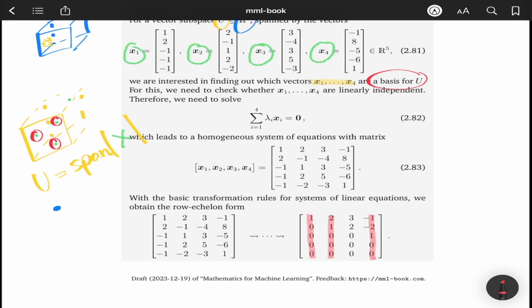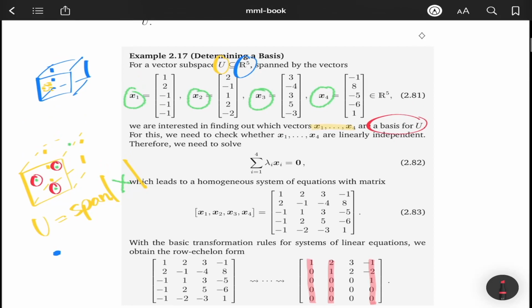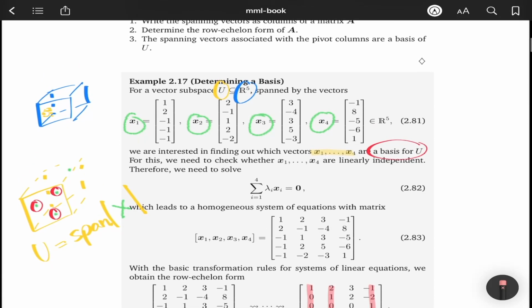So what I have learned here is that the subspace can be less than the space or the superspace. And just because you have a vector of 5 numbers does not mean it has to be 5-dimensional, because the dimensionality is the number of bases you have to span the vector space.